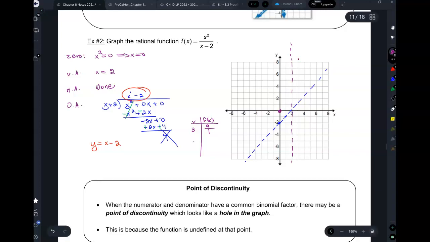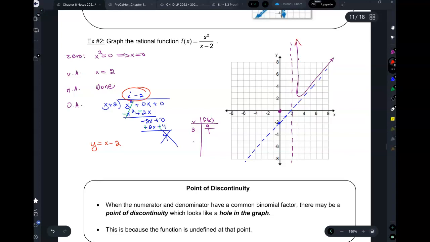Okay, so now take a look at how this works. The function is going to follow the vertical asymptote up there, come back down, but now, are there any zeros on this side? No, this will never hit the x-axis, but it's got to follow this somewhere.